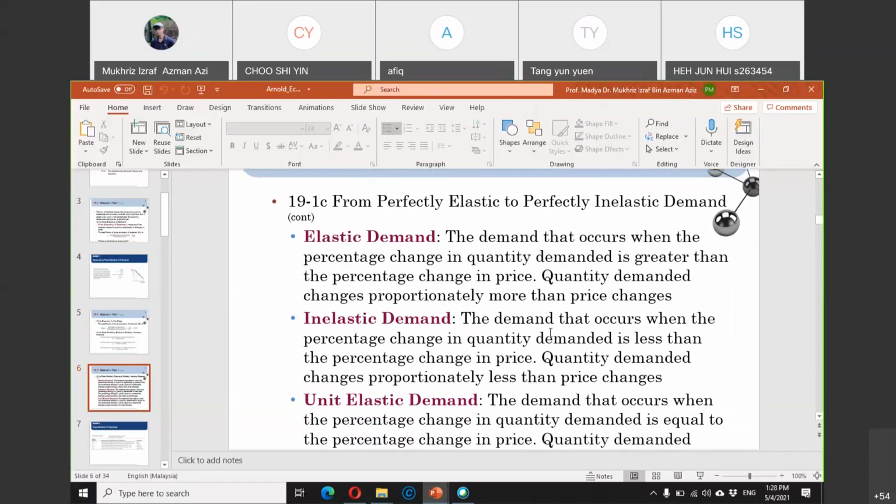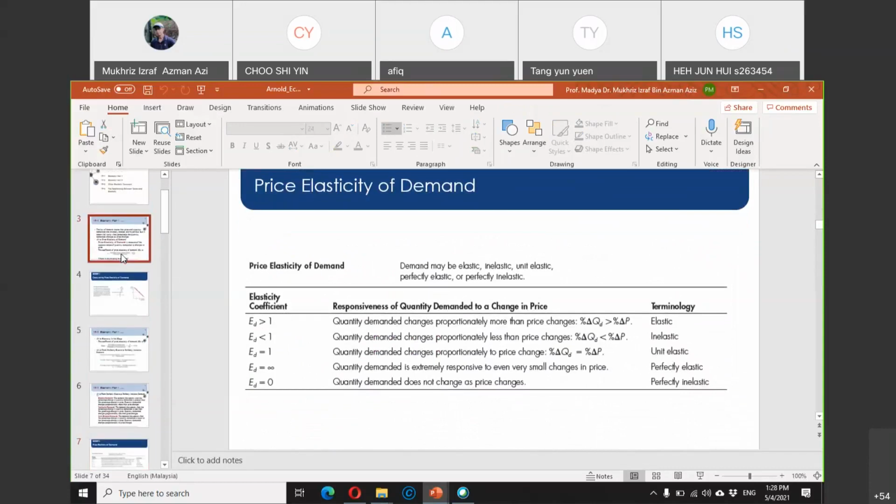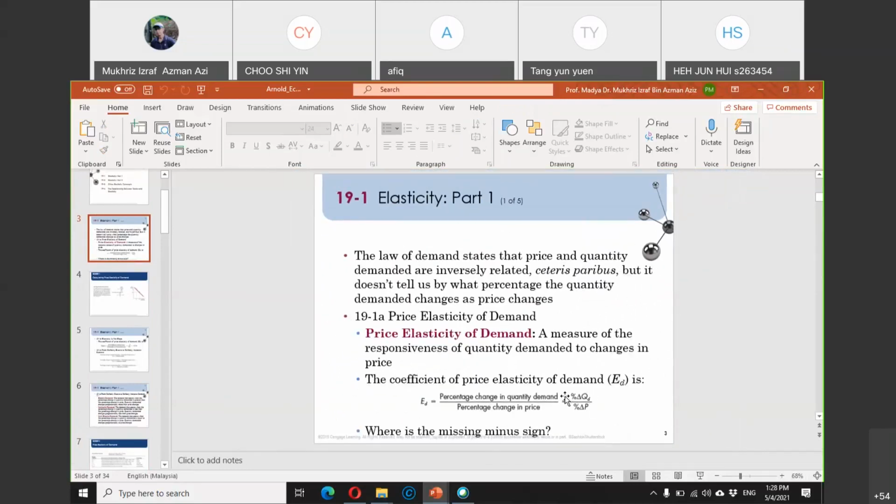In terms of the formula, when you say more than 1, of course the numerator should be bigger than the denominator. Earlier I mentioned that the general formula is percentage change in QD divided by percentage change in price. If the numerator is bigger than the denominator, you get a value more than 1.